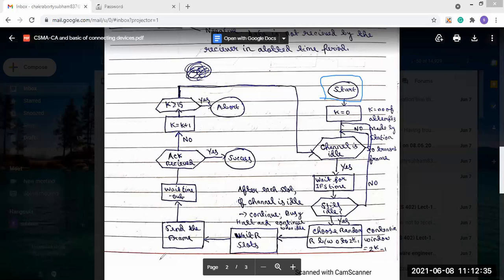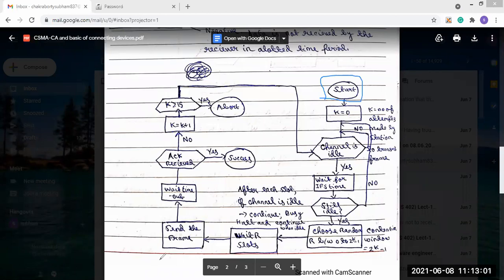And for receiving the acknowledgement at the sender, there is some time period present. If you remember, I have said that each frame has a time period. Within this time period, if the acknowledgement is received, then it is okay, because after sending the frame to the receiver there is a time period present.